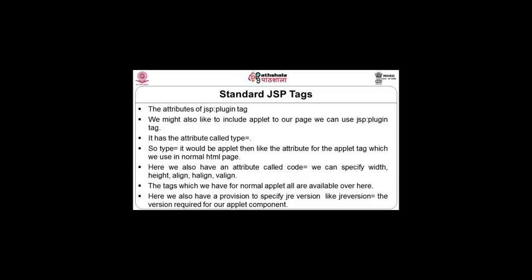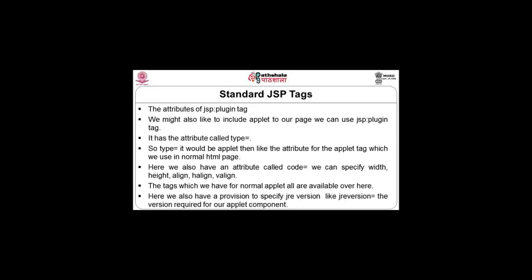Next tag, okay, many times we might like to include an applet within our page, fine. If we want to include an applet in our page, we can use the JSP colon plugin tag, fine. It has the attribute called type equal to applet, then the attributes for the applet tag which we use in a normal HTML page.